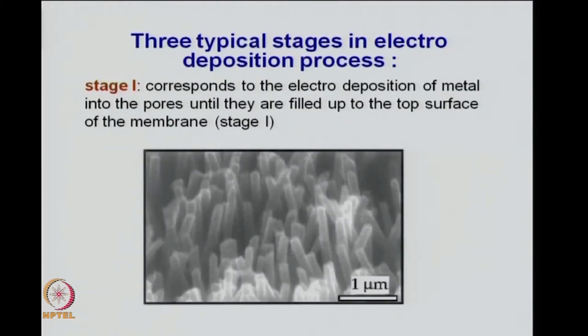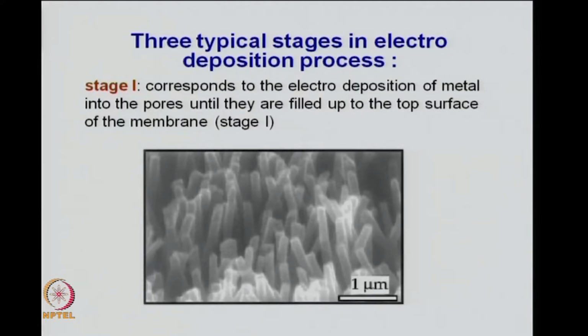Now, when this electrodeposition process takes place, it goes through 3 stages. The first stage corresponds to filling up of the pores using electrodeposition of the metal till they come up to the top surface of the membrane.